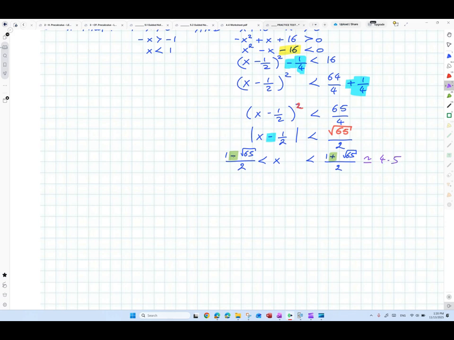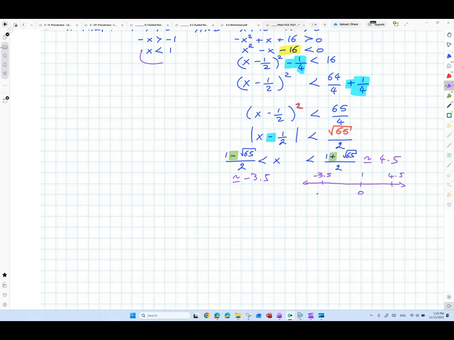And this is negative 8 plus 1, which is negative 7. So that's roughly negative 3.5. So you can eventually report all of those values: the negative 3.5, the 4.5, and in between this 1 here.